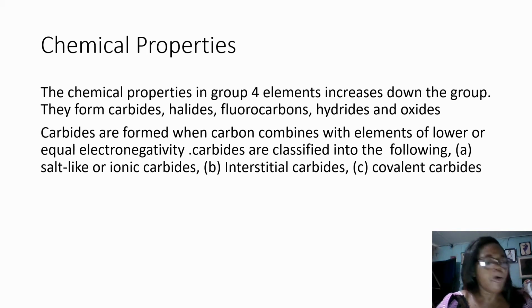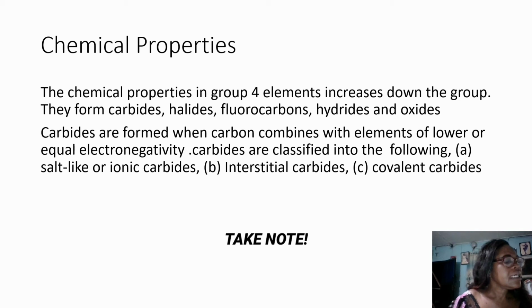Interstitial carbides are formed by combination of carbon with some transition metals like titanium and vanadium. Salt-like carbides form when carbon combines with elements of group 1, group 2, group 3, group 11, group 12, group 13, except boron.